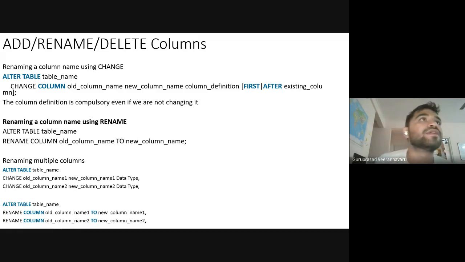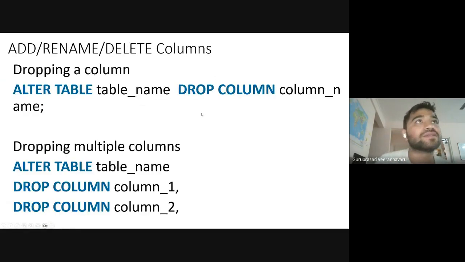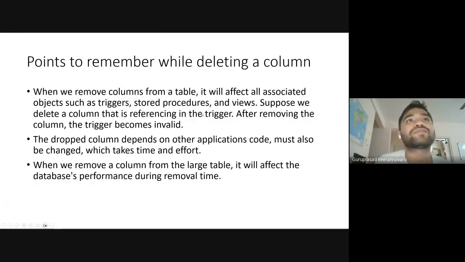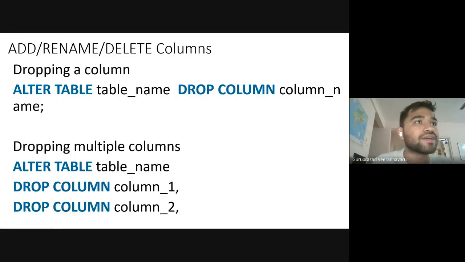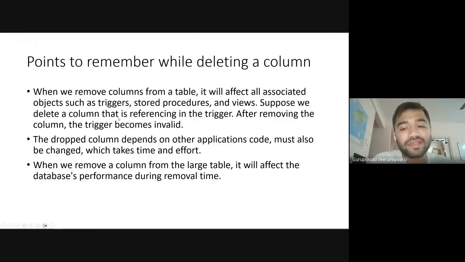Okay. So let us go ahead. Whenever we are deleting a column, I didn't show how to delete a column. It is also very simple. You just say drop column, whatever is the column name. But whenever you are deleting, there are a lot of things that can happen. Like let's say if you have created a trigger, or if you have created procedures or views on that table, they will also go away.